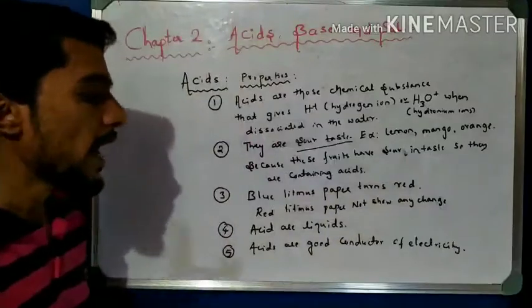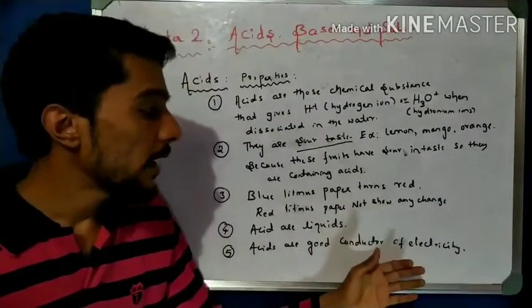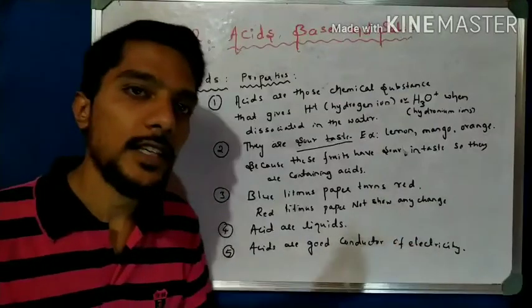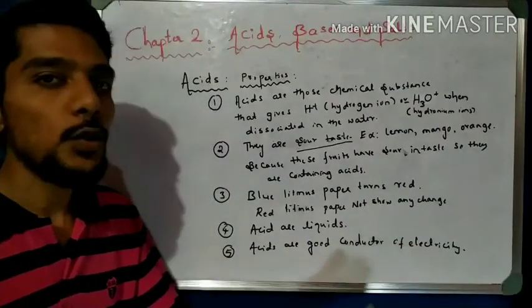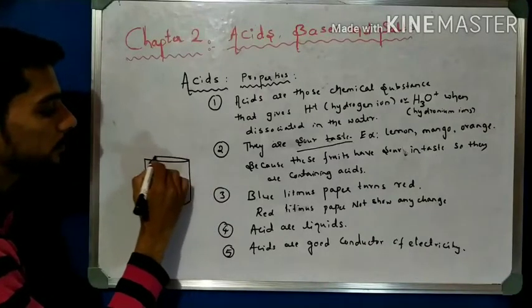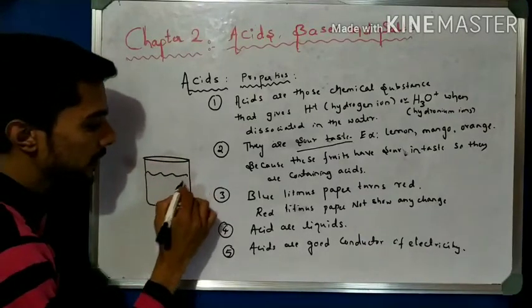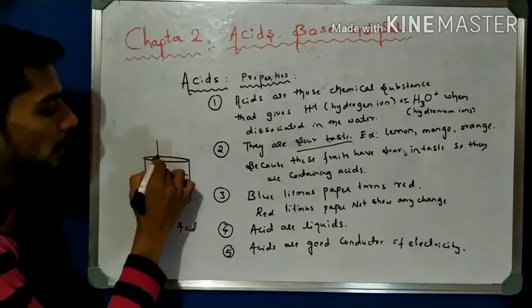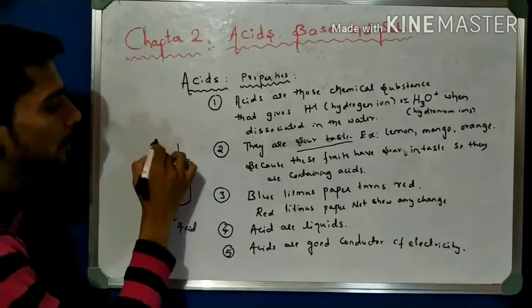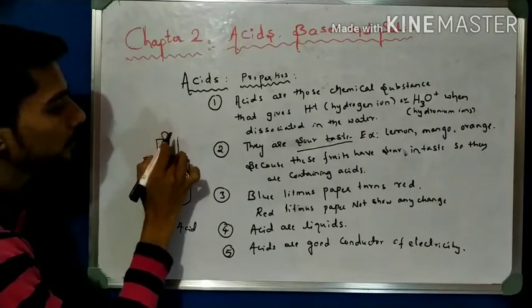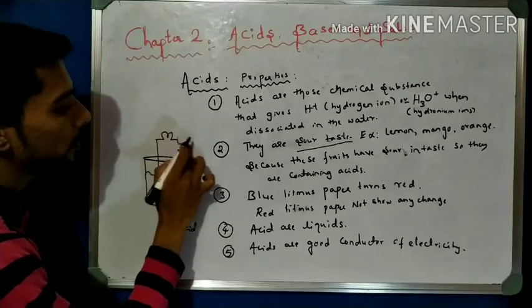Acids are good conductors, which means whenever current is passed into the acid, we observe that the bulb glows. For example, I take this beaker, I take any acid, now I put a wire in and make a circuit with a battery.